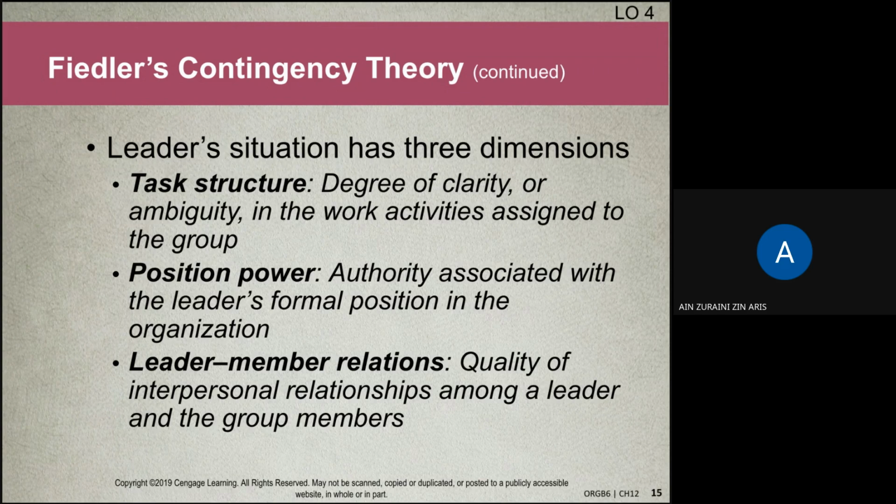All right, the next leader situation dimension is position power. Position power refers to the formal authority or position a leader has due to their role or title within the organization. Okay, so it can answer the question like how much power does the leader have to reward, punish, or influence the behavior?